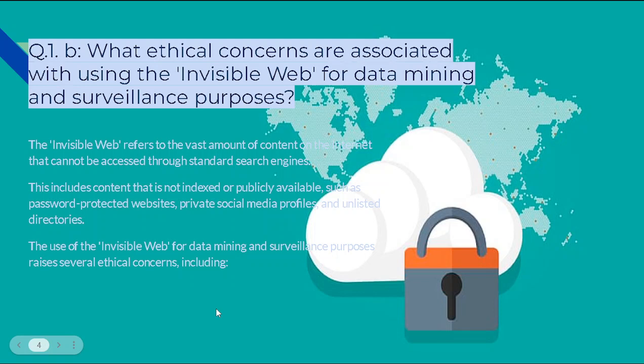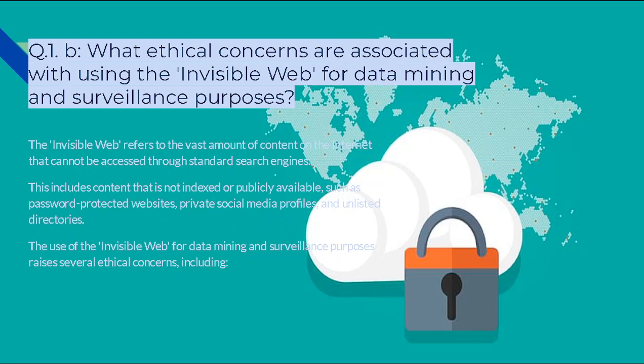What ethical concerns are associated with using the invisible web for data mining and surveillance purposes? The invisible web refers to the vast amount of content on the internet that cannot be accessed through standard search engines. This includes content that is not indexed or publicly available, such as password protected websites, private social media profiles, and unlisted directories.